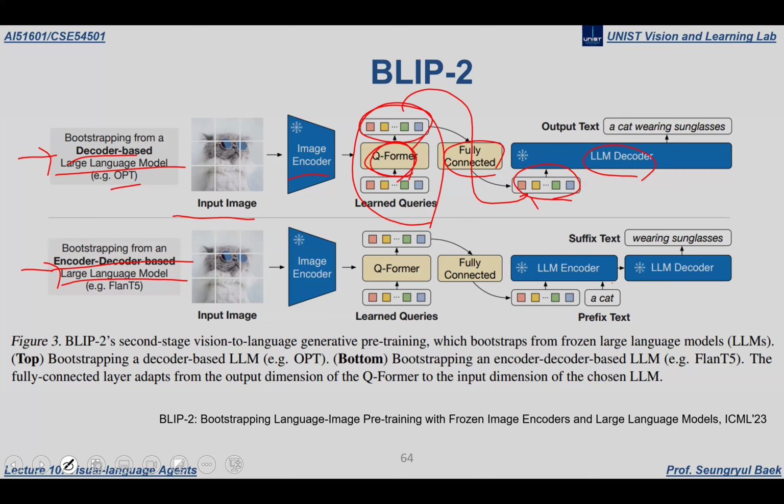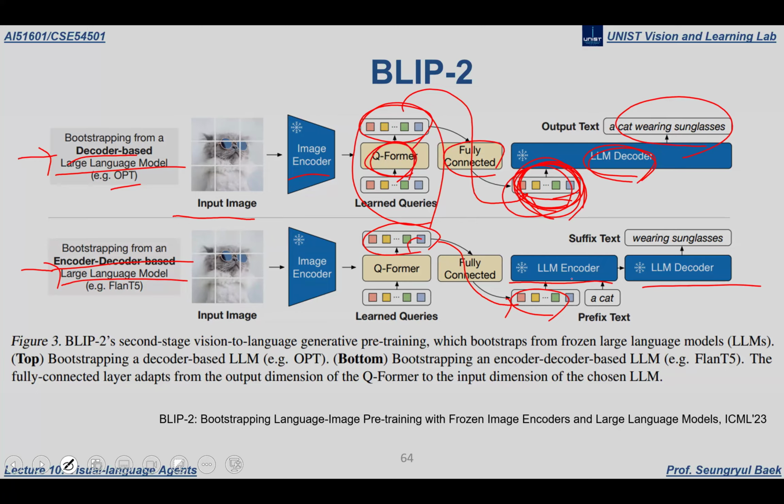When both encoder and decoder are available for the LLM, they do the same. They first generate some text output via the Q-Former, apply a fully connected layer on that, and use this as the LLM encoder's input. Somehow they interpret this as the information about the vision signals, and then generate the final output text.